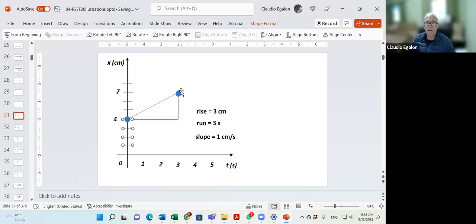I don't need those points yet. Those are the steps you take to draw your graph. And then you're going to have more in the horizontal direction as well.